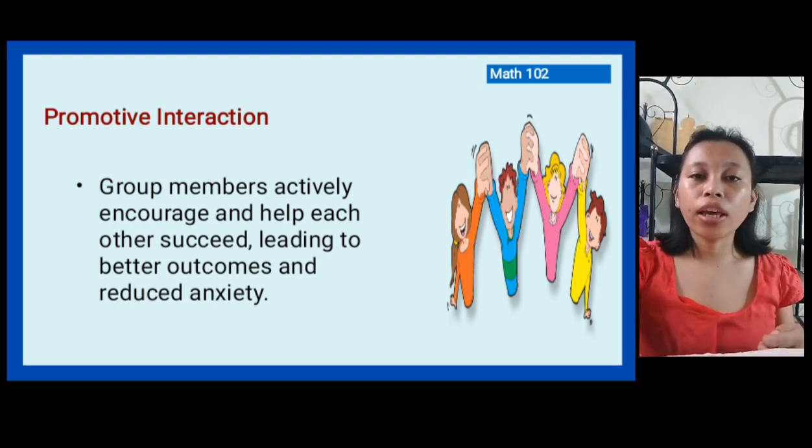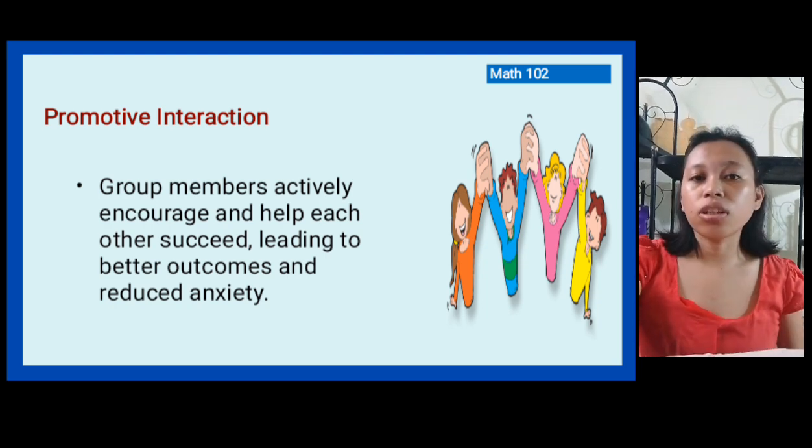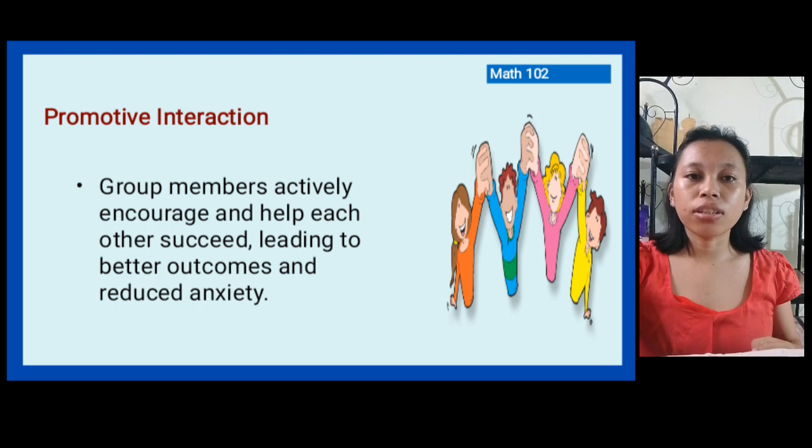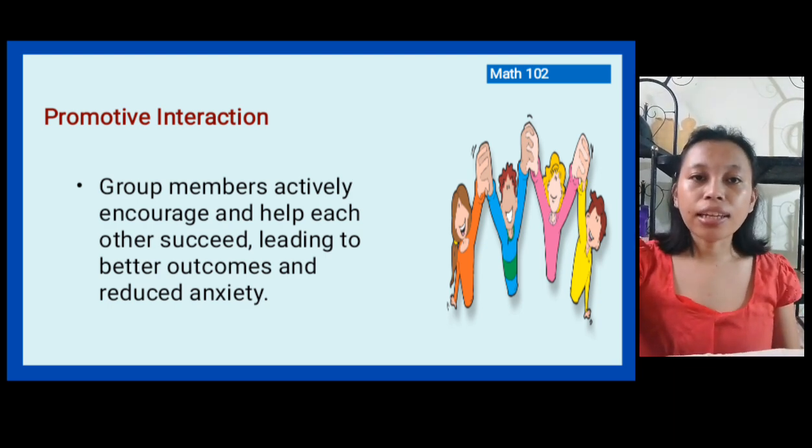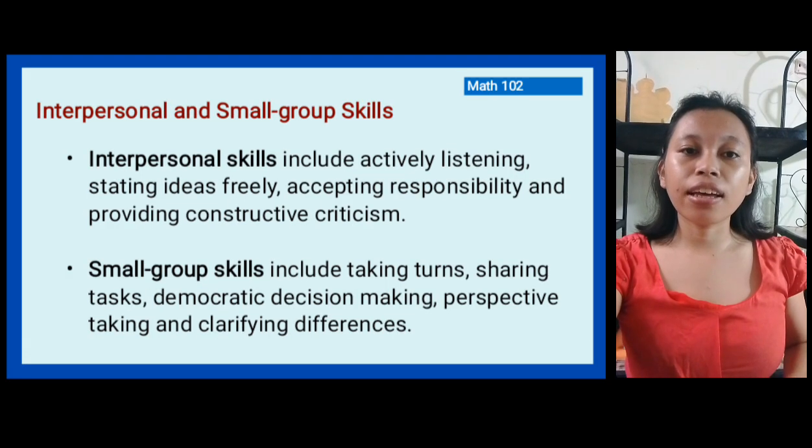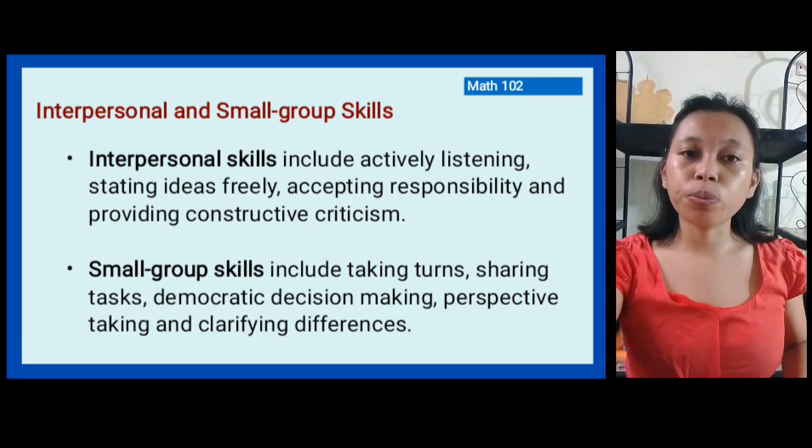Example, during a group discussion, students might ask questions, build on each other's ideas, and offer different perspectives to help the group reach a deeper understanding. That's promotive interaction. Next is interpersonal and small group skills.